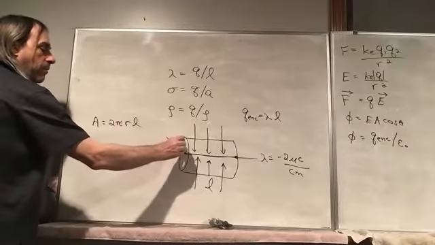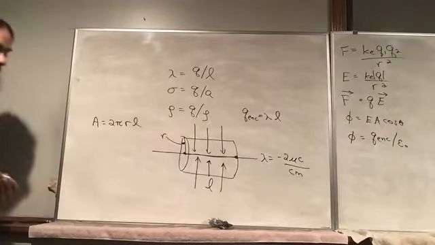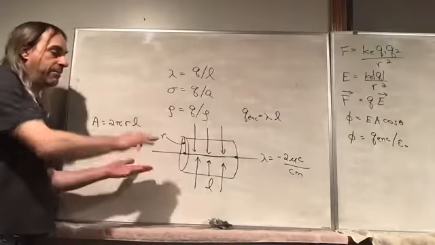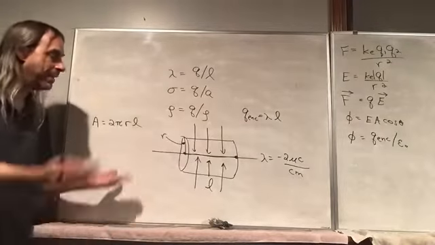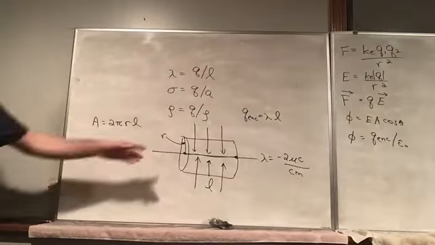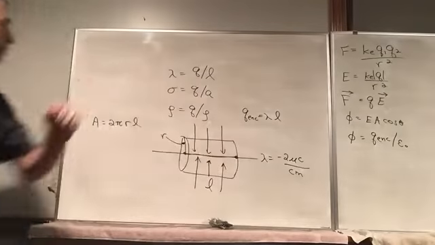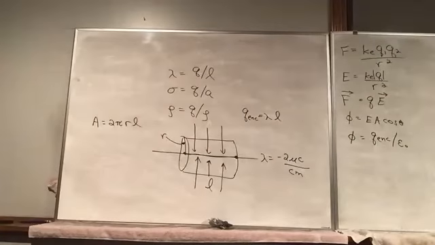Say this is a radius r. Just like a cylinder, you can imagine unrolling it so that it's flat. This length would be 2 pi r, the circumference of the circle, and the other dimension is L, which gives you the total area.